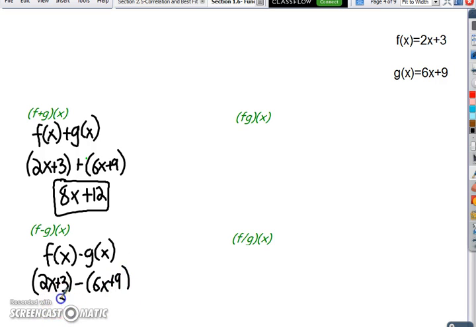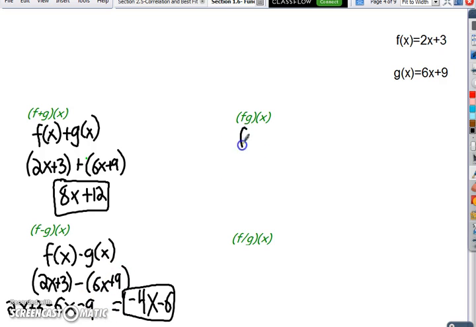So we get negative 6x minus 9, and we still have the 2x plus the 3. That's going to give me over here, ready for it, negative 4x minus 6. Common mistake is you don't distribute the negative to both of these, and that will be incorrect.